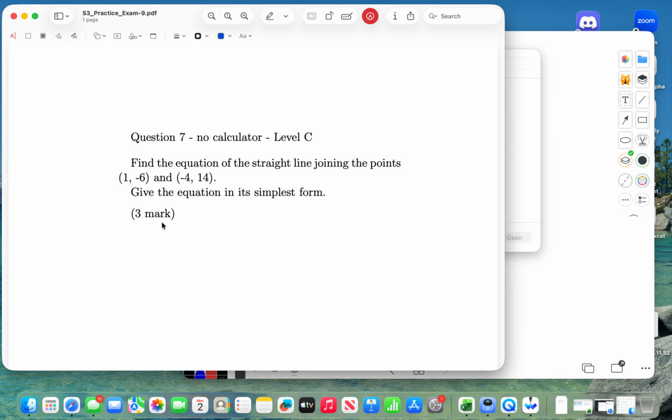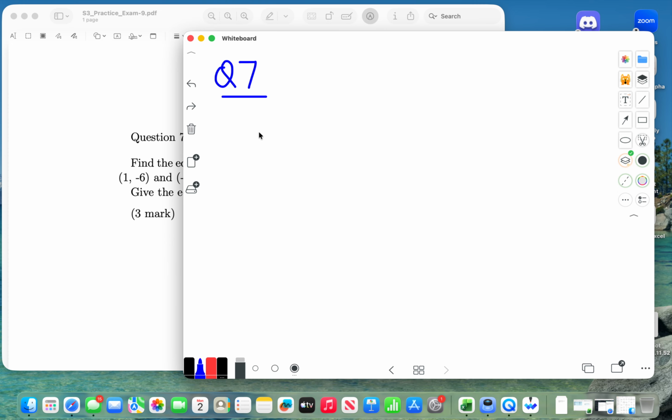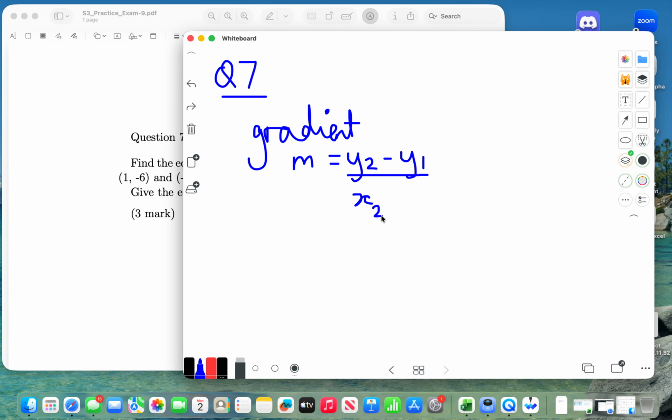So the first thing we need to do is to find the gradient, and we're going to denote the gradient as the letter M. Now the formula for the gradient is y2 minus y1 over x2 minus x1. And we have the points.